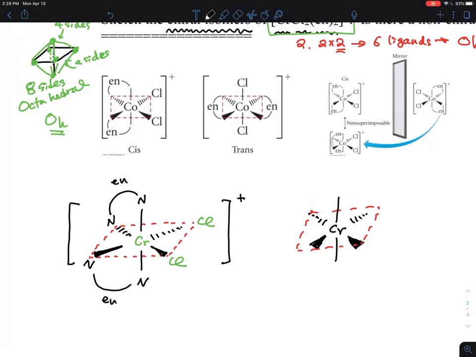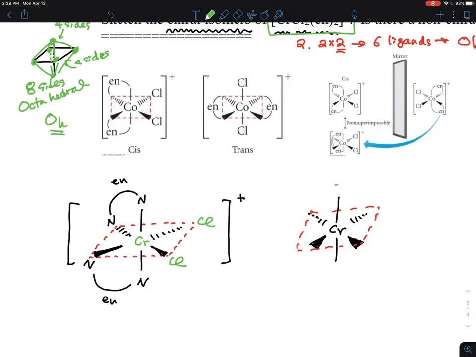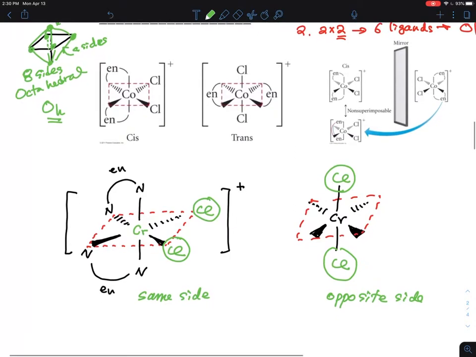This time I am going to put the chlorine up and down. This is where the positions of the chlorines are. One is on the opposite side, which is good to know, and this one is on the neighboring side, the same side.